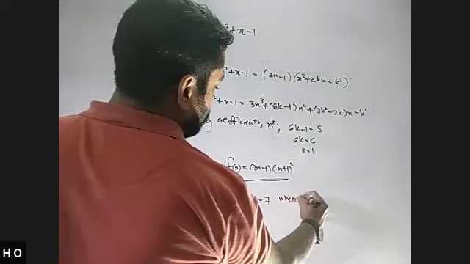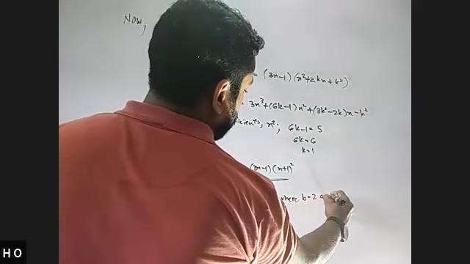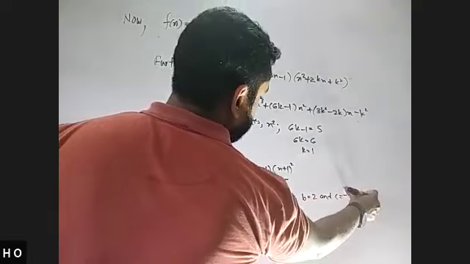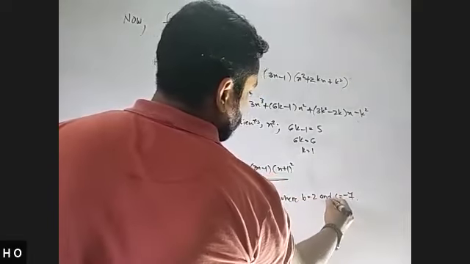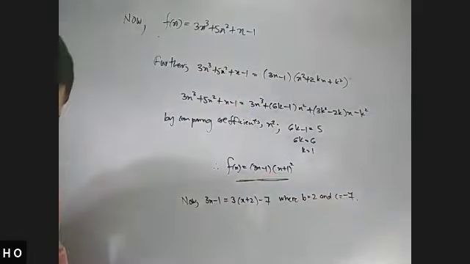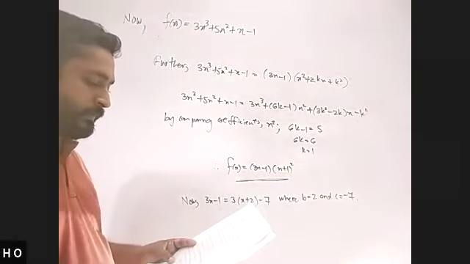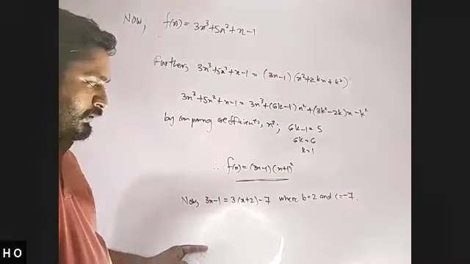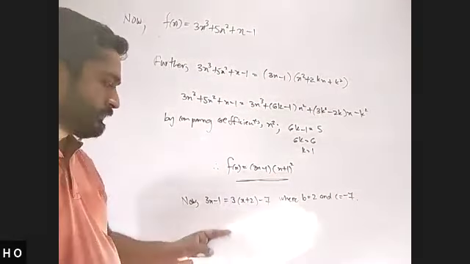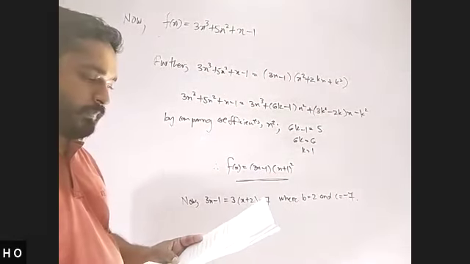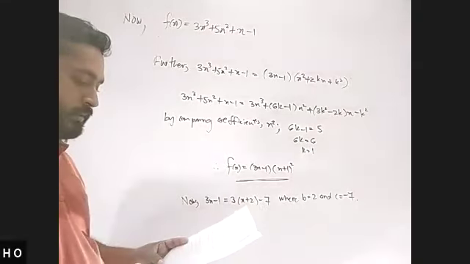Here b is 3 and c is minus 7. Check: b into (x plus 2) plus c gives 3x minus 1, all okay. The b and c are constants.